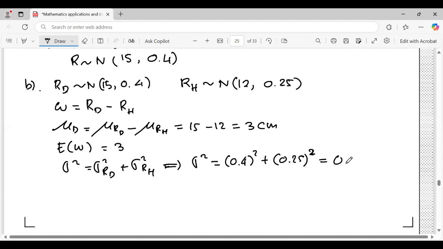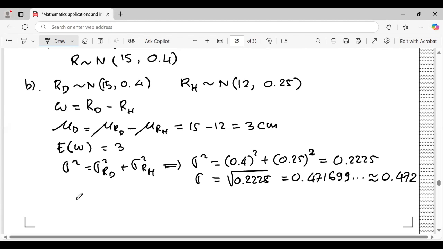It is 0.2225. So we can determine the standard deviation, square root of 0.2225. It is 0.471699, rounded off 0.472.